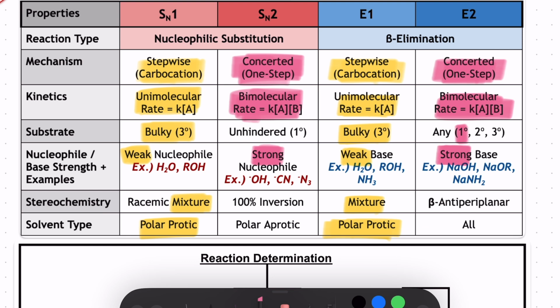Stereochemistry-wise, they're not the same necessarily, but they are both very specific, right? So this is 100% inversion, this is beta antiperiplanar. So there are very specific stereochemical requirements for SN2 and E2, as opposed to SN1 and E1, where it's just a mixture of everything. It's not really all that neat and clean, whereas SN2 and E2 are very neat and clean. And then SN2 is polar aprotic, and E2 can have all of them.